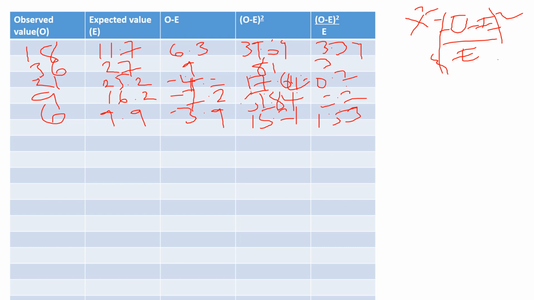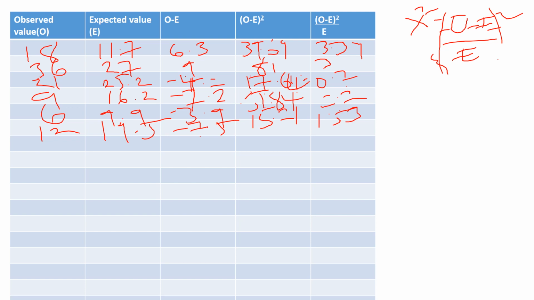Remember, we can solve the other columns. Maybe for example the second one, I had here 12, so the expected value was 19.5, and the difference between the two was negative 7.5.